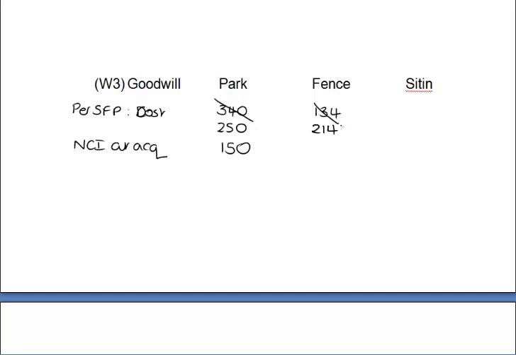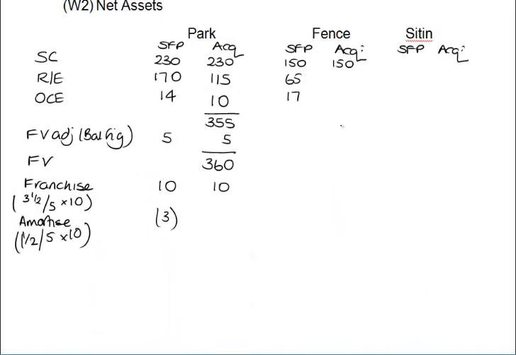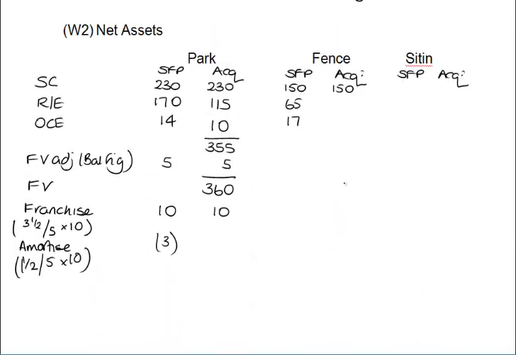The identifiable net assets of Fence had a provisional, okay, there's a clue in the word, that figure's probably not finished yet, a provisional fair value of 202 million. So I slot in that figure of 202.